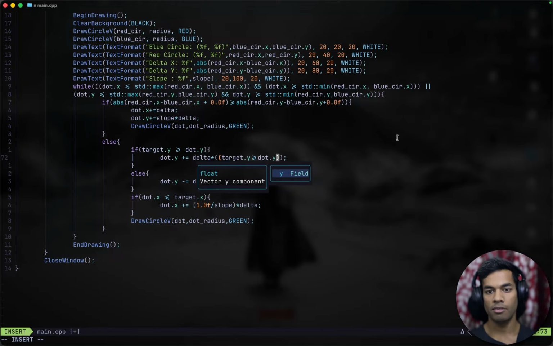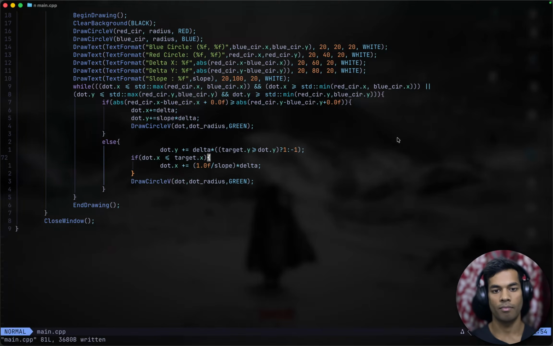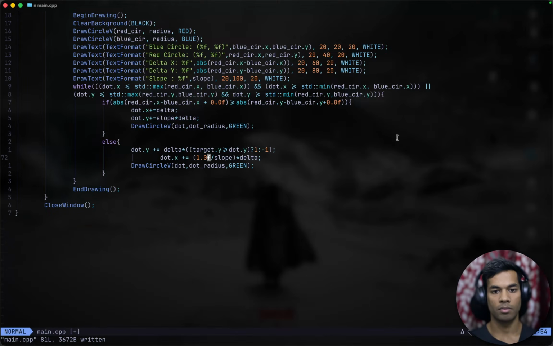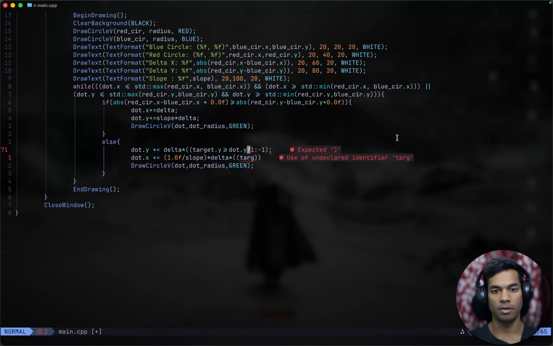If the target is greater, then multiply by 1, otherwise multiply by -1. And here also multiply by, depending on target, we don't need too many brackets.